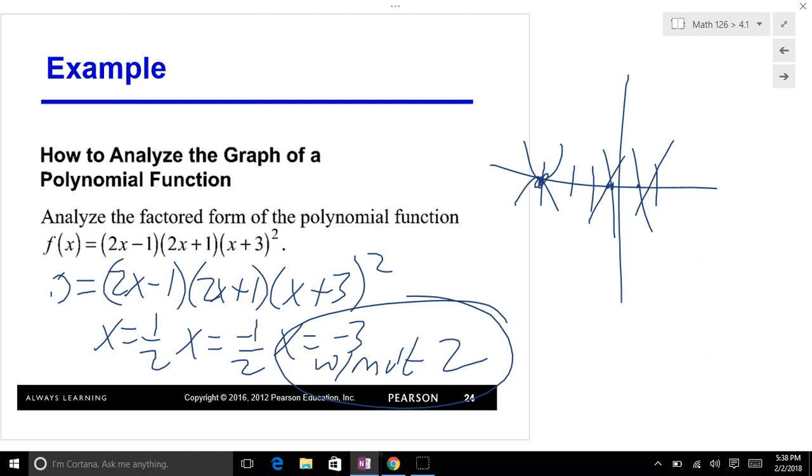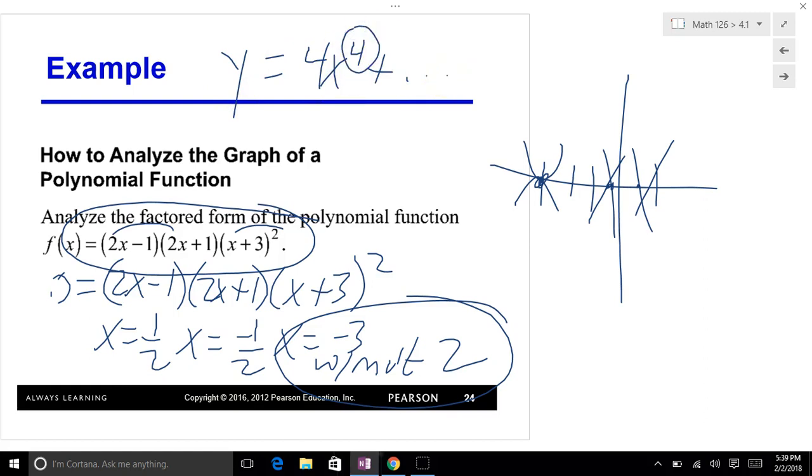And you also want to think about, if I was to distribute everything through, this will be an x squared. Those two will give me a 4x squared. When I multiply x squared times 4x squared, I get 4x to the 4th. So this ends up being 4x to the 4th plus a bunch of junk. So I know it's even, so it's like x squared, and it's positive.